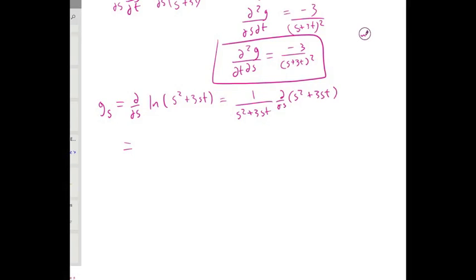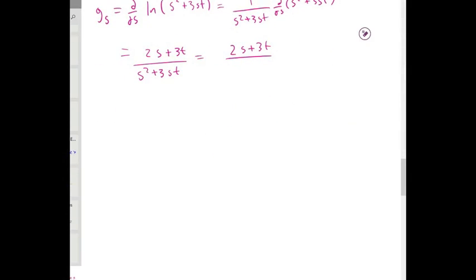That's going to be 2s plus 3t over s squared plus 3st. And if we actually pull out an s from the bottom, oh no, it won't work. Never mind, sorry. So this is our s derivative.